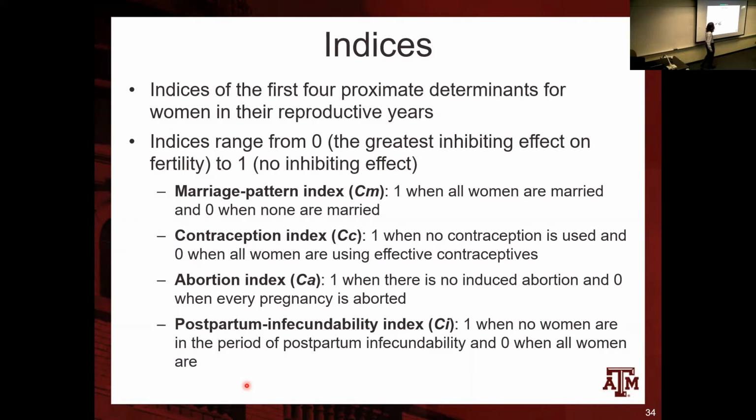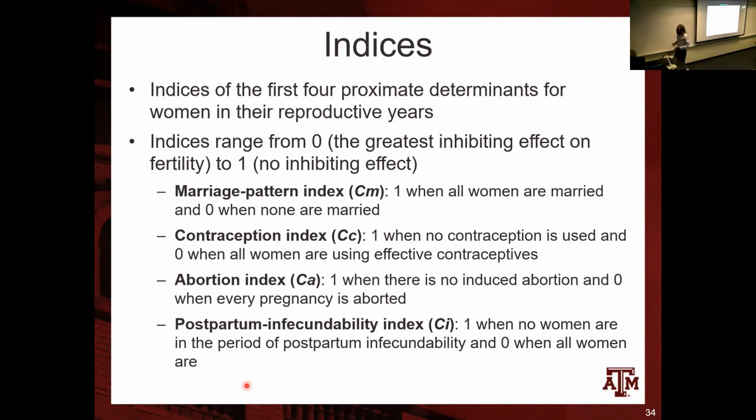So 1, when all women are married, means we have no inhibiting effect. So the chances of women having children are higher. When we have no woman married, then you would have lower chances of them getting pregnant. So that's the greatest inhibiting effect on fertility.